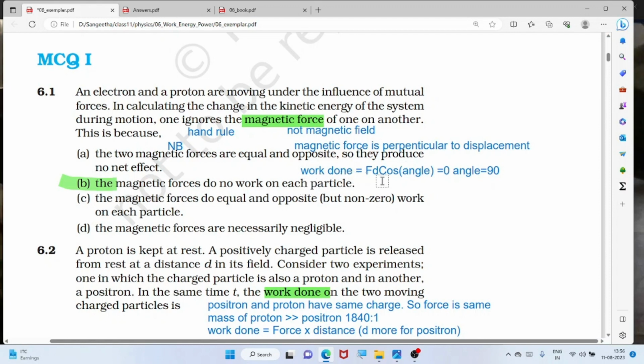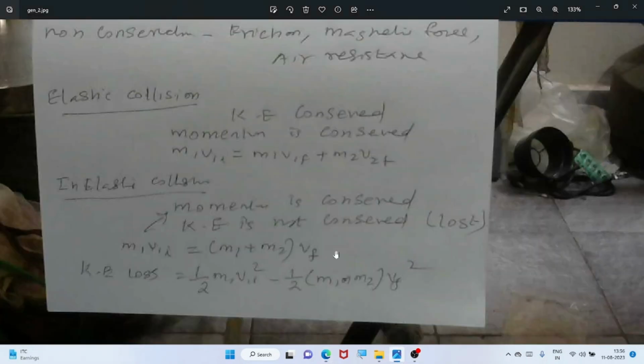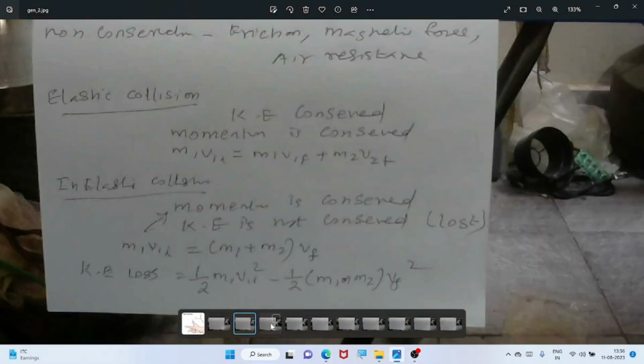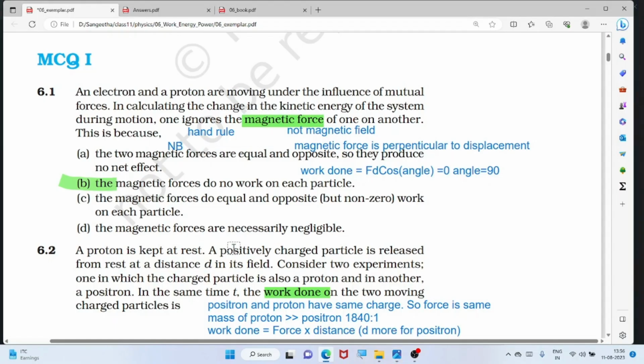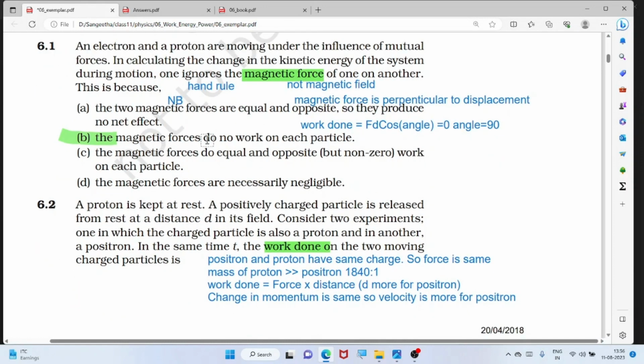Work done equals F·d·cos θ, and because the angle is 90, cos 90 is 0, so the work done is 0. That means the magnetic force does no work on the particle.